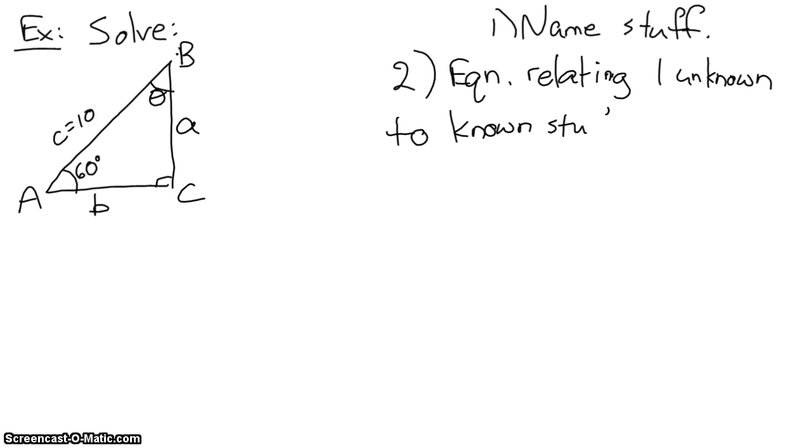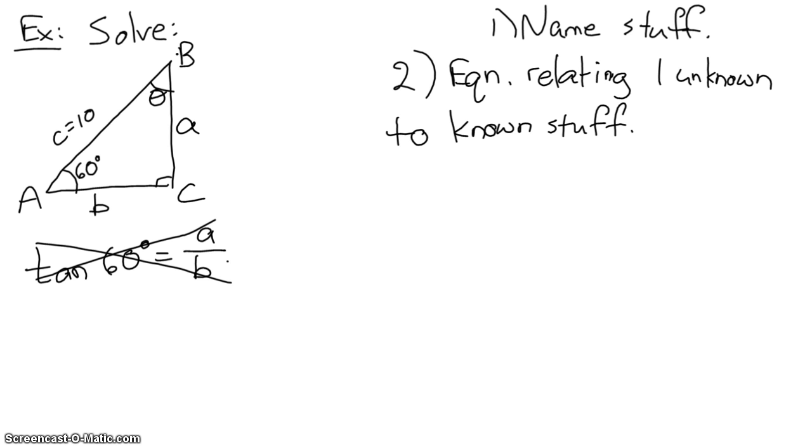So you could, of course, write lots of equations. We have lots of stuff labeled now. I could go ahead and write, oh, well, I know that tangent of 60 degrees, that's A over B. But since I don't know A over B, that's not very helpful. Instead, what I want to do is write down an equation that doesn't involve 2 unknowns, just 1. So how can I do that?